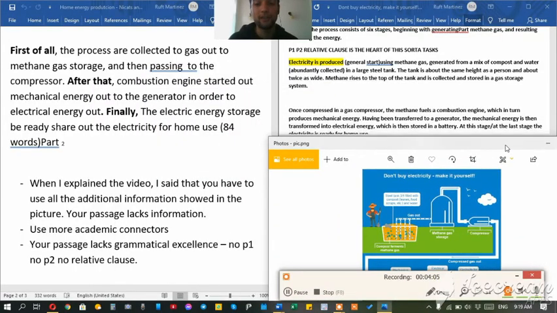So in IELTS, you have to use P1, P2, and relative clauses in your passage in order to explain your opinion better. Because in the previous lessons, we've said that the best way to increase the words in your sentences, to boost your sentence, is using relative clauses, P1 and P2 separately. But you have none of this.